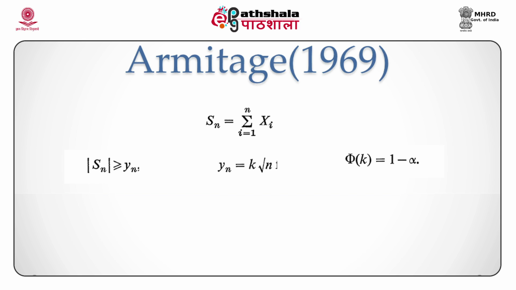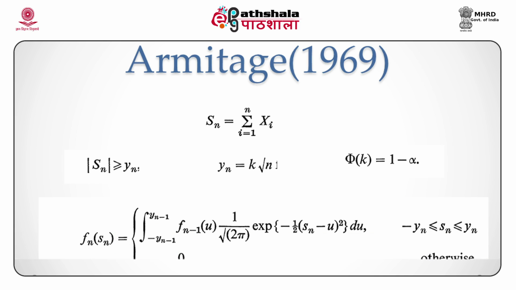For two-sided level 2 alpha, with usual notation for the normal CDF, phi of k is then equal to 1 minus alpha. The problem is to find the distribution of m, which is the value of n at which the experiment stops.